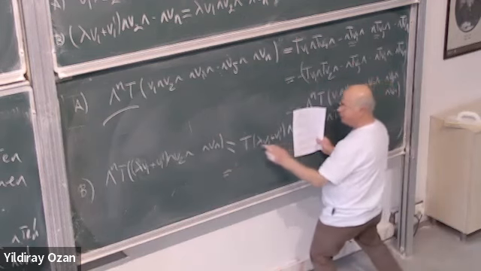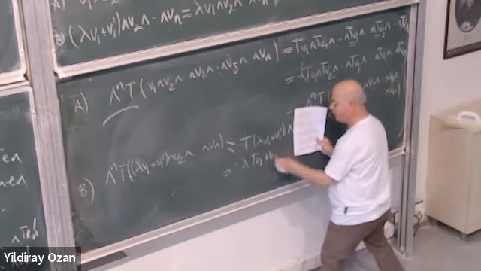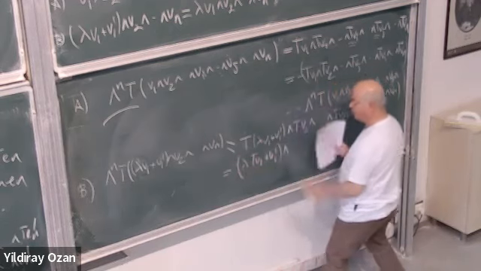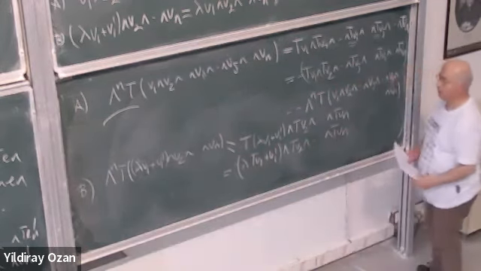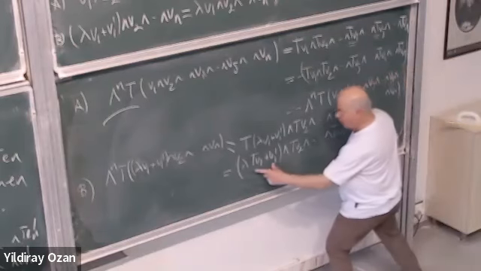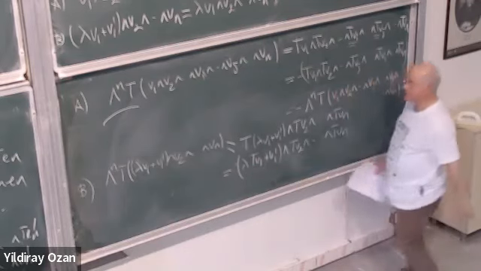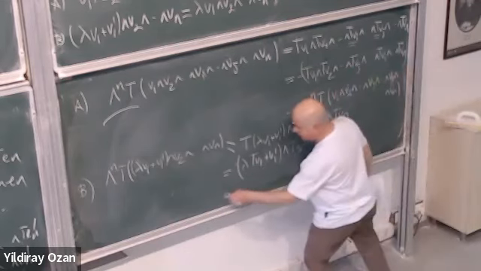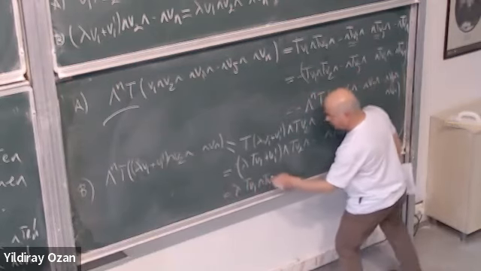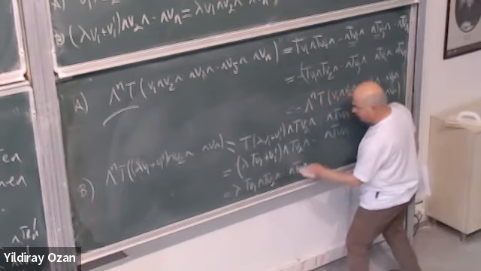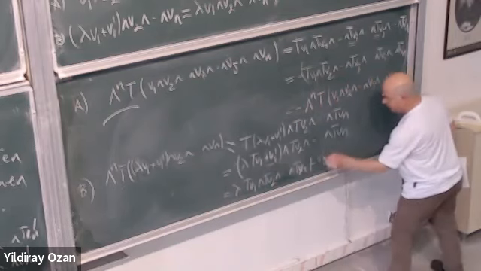T is a linear map, therefore, this is just lambda times TV1 plus TV1 prime, wedge TV2, wedge TVn. However, this product distributes over this addition, and I can write this as lambda times TV1, wedge TV2, wedge TVn, plus this vector.